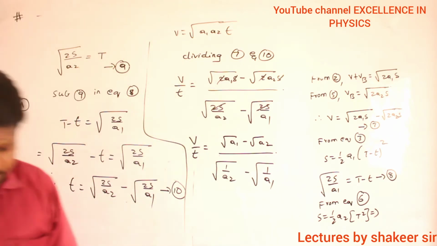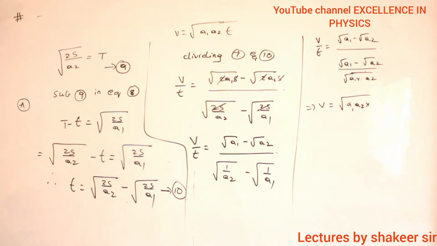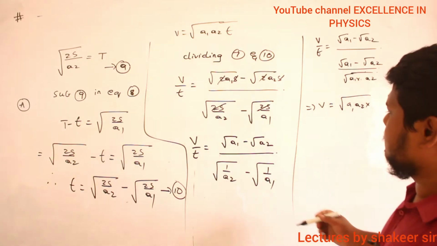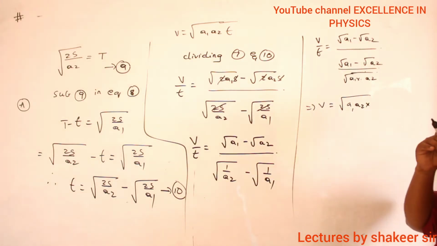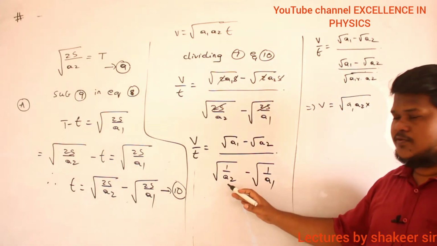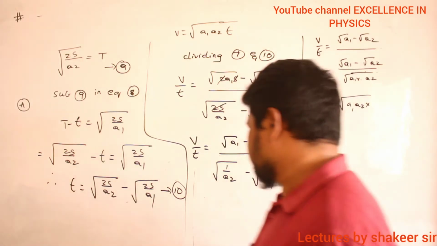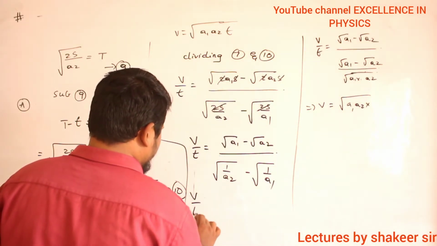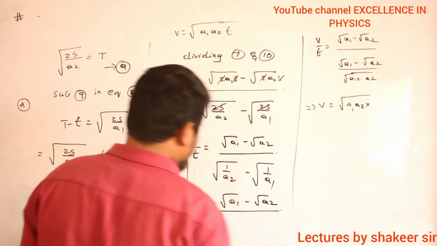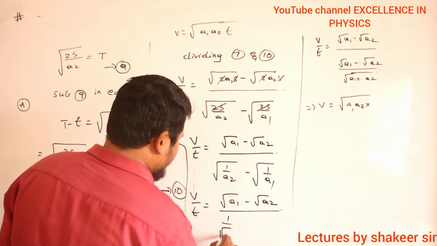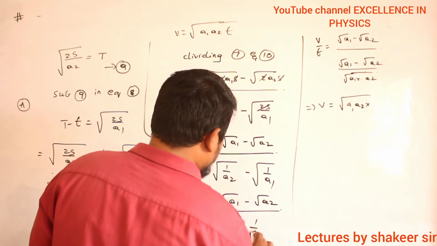So v by t is equal to root a1 minus root a2 divided by, now we will take the LCM of these two. This can be written as root a1 minus root a2 divided by 1 by root a2 minus 1 by root a1.